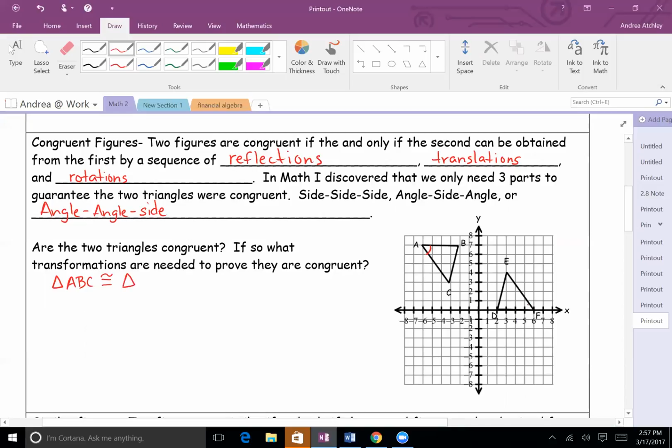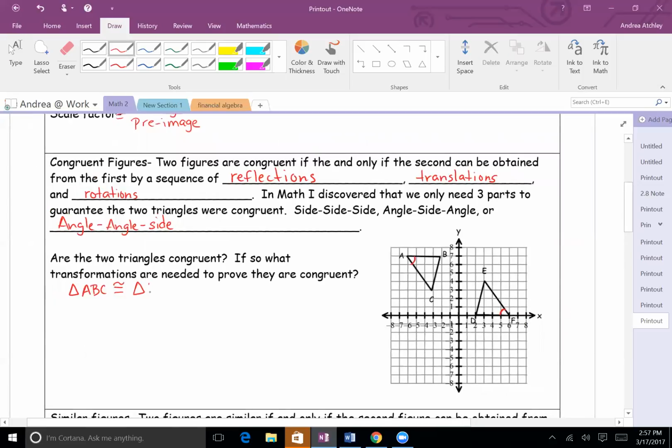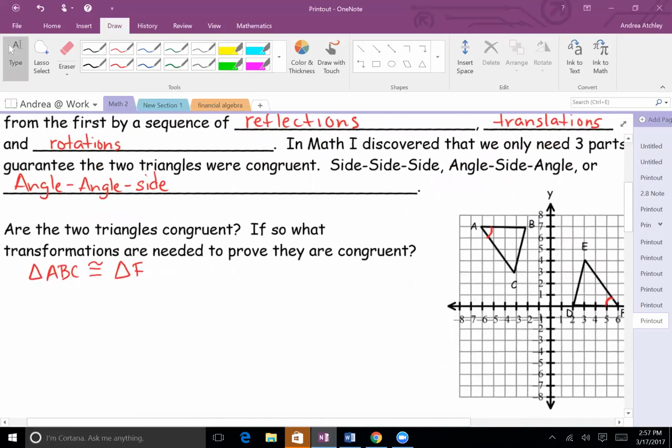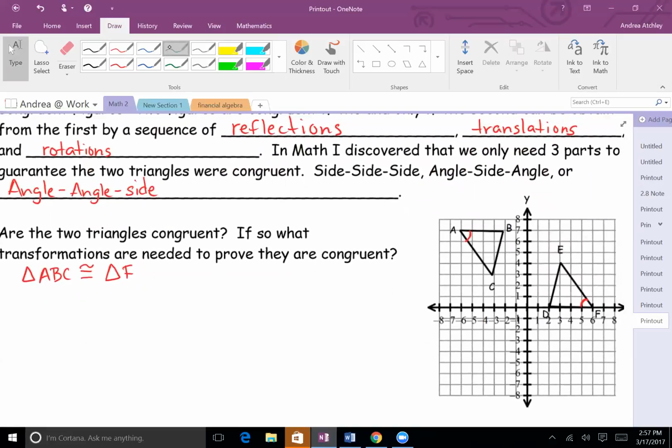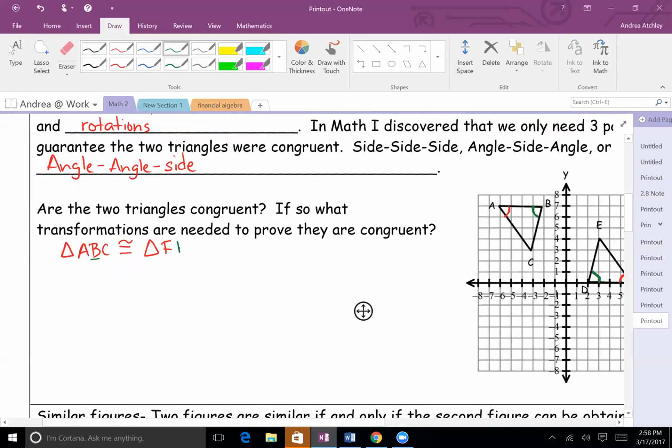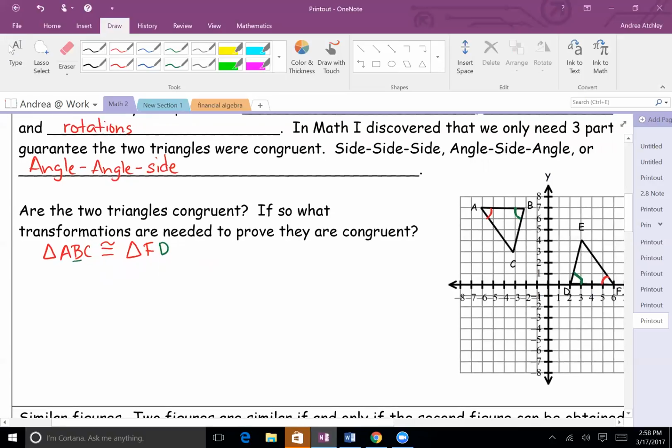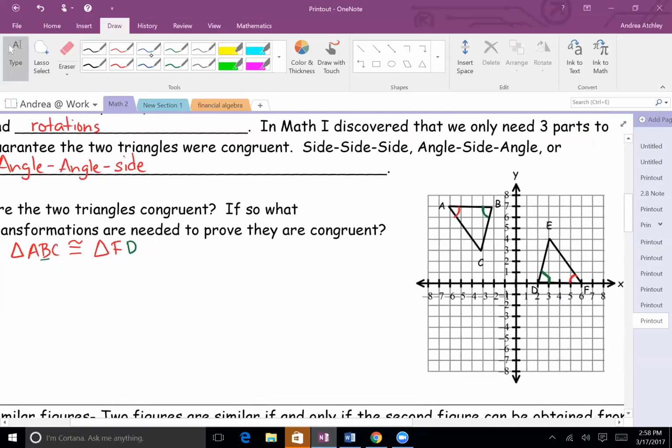So angle A goes with angle F. Then angle B corresponds then to angle D. And that means angle C corresponds to angle E.